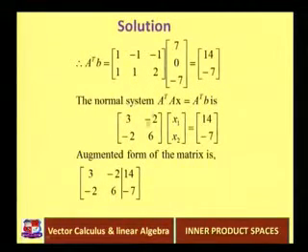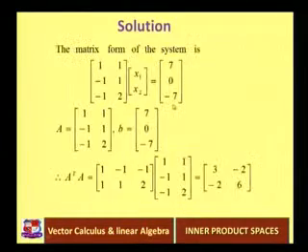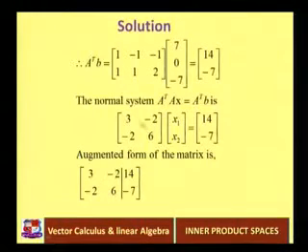For that, we use the normal equation A transpose A X equals A transpose B, and we already found A transpose A in the previous slide. A transpose A is 3 minus 2 minus 2 6, that is here, and X, that is x1 and x2, is the column vector.